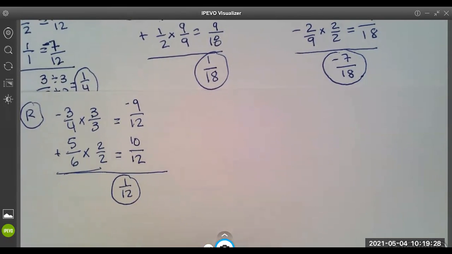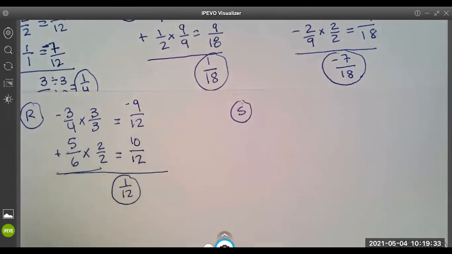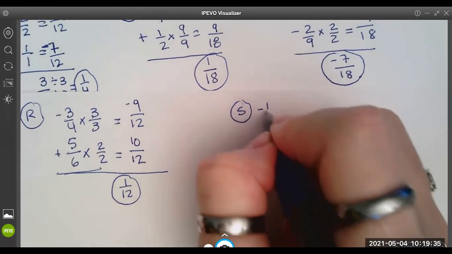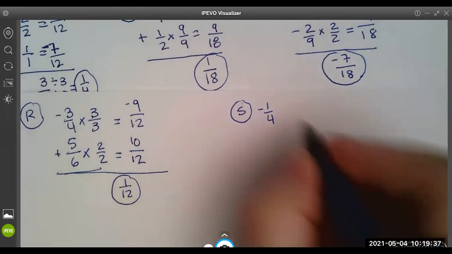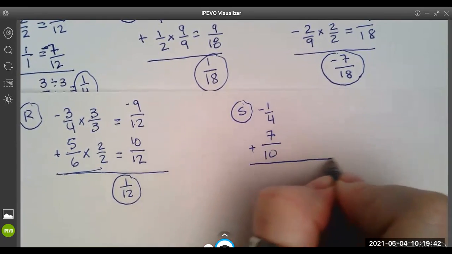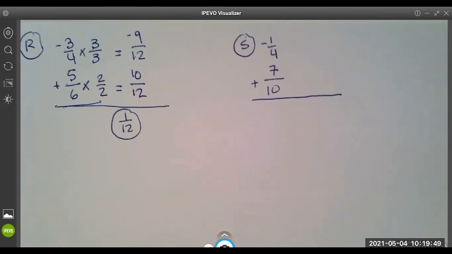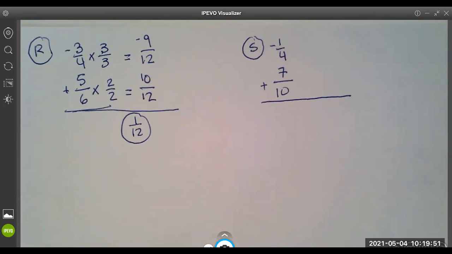Okay, one more and we're going to go put our answers on Cami and take our pictures. So -1/4, 7/10, positive. Can 4 multiply to make 10? No. So 10 times 2, what's that? 20.